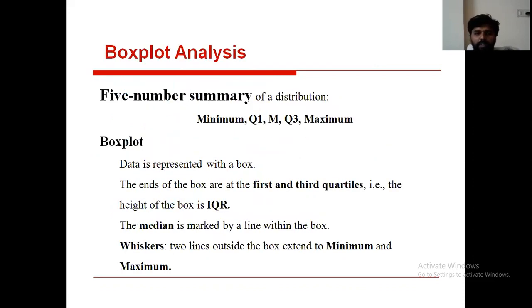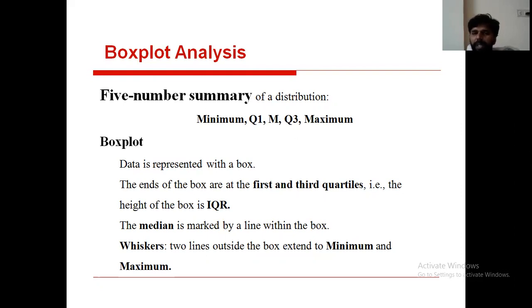Now observe this. Box plot is a 5-number summary. In box plots, we are using minimum and maximum values. These minimum and maximum values are represented by whisker lines, and Q1, Q3 are used as quartiles. Here Q1 value is the 25th percentile, Q3 is equivalent to the 75th percentile. Here M indicates the median value.